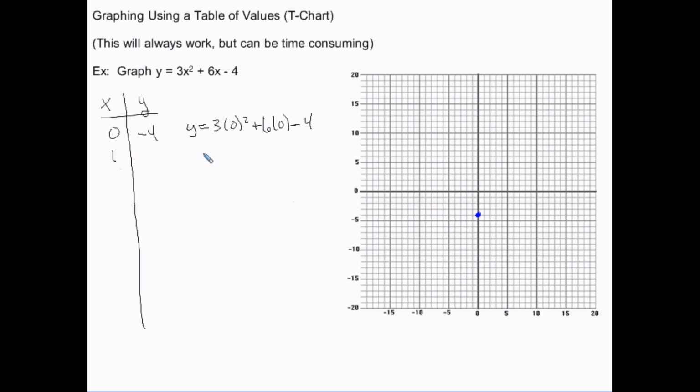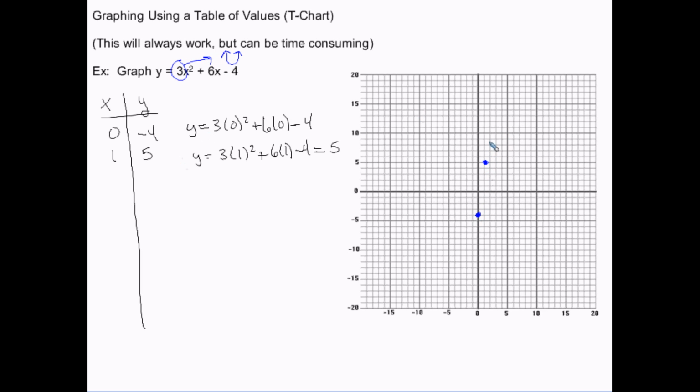If I plug in a 1, I get 3 times 1 squared plus 6 times 1 minus 4. So that's 3 plus 6, which is 9 minus 4, gives me a 5. So at 1, I am up here at 5. Before we keep going though, I want to indicate that this is positive, so we're going to have an up opening.